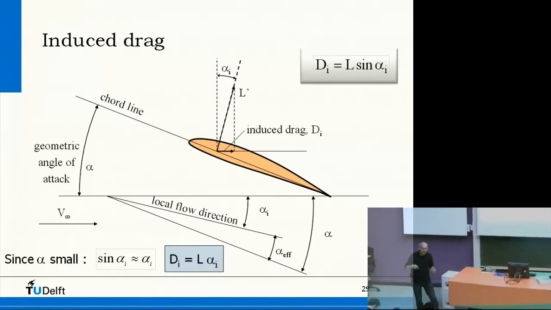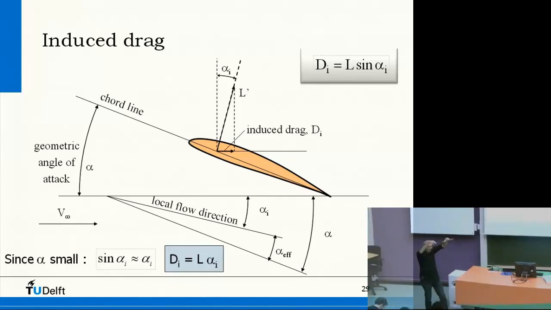This wing vortex on both sides induces a flow field also going down. And because of this flow field going down, the local angle of attack that the wing sees is different, an effective angle of attack.